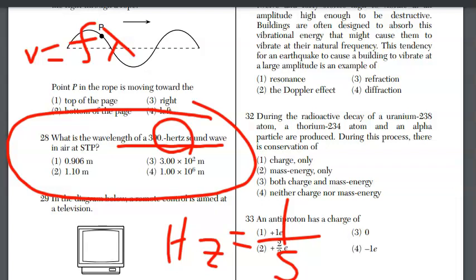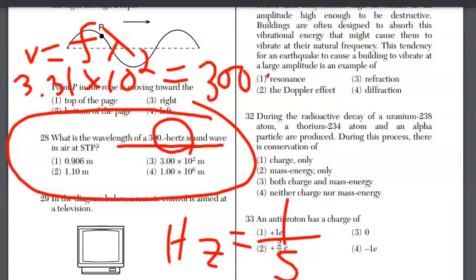Now, in this case, it's the speed of sound that you're going to find on the first page of the reference table. It's listed as 3.31 times 10 to the second meters per second. And we're going to plug in the 300 for the hertz, and we're looking for the wavelength. So it's literally 331 divided by 300, which is going to give us choice 2 as the answer.